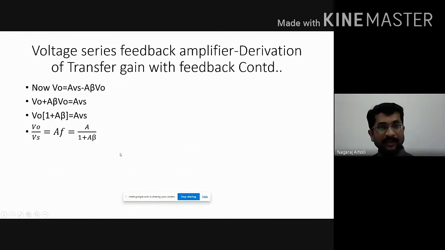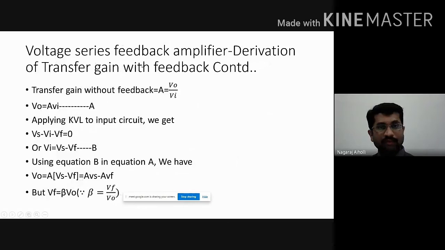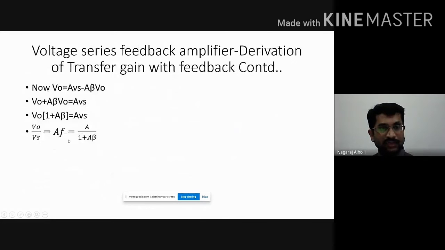Instead of asking directly as derive the equation for transfer gain of voltage series feedback amplifier with feedback, they may just give this equation: derive the equation AF is equal to A divided by 1 plus A beta for the voltage series feedback amplifier.